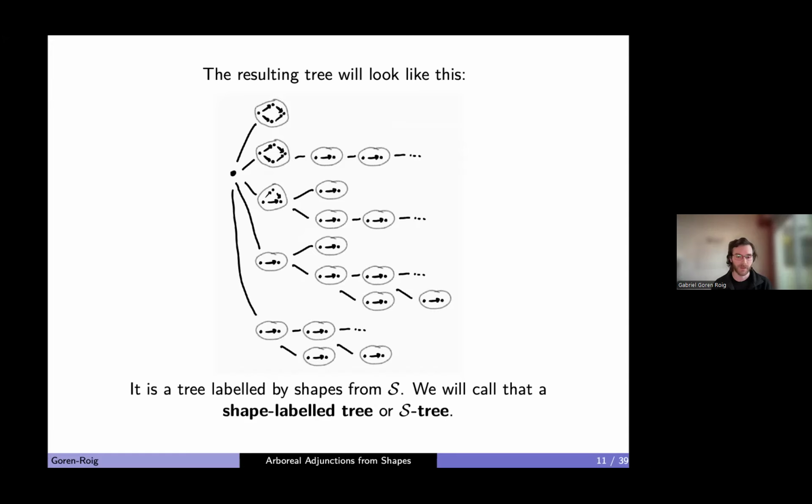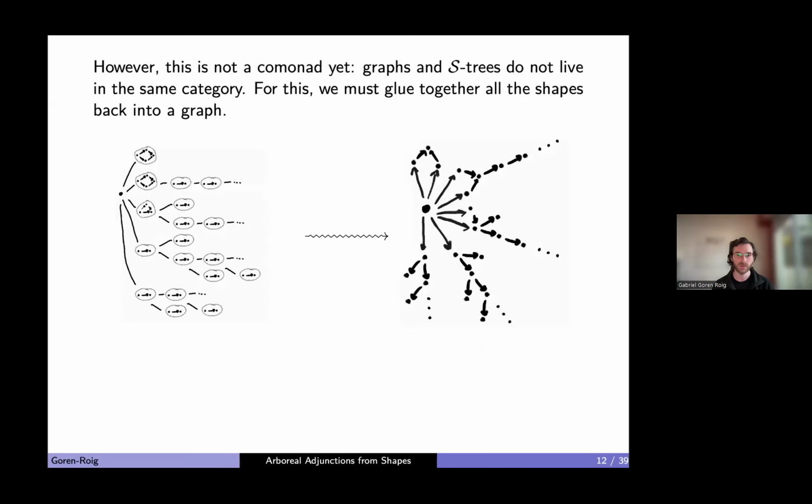Just to be sure I understand correctly, when you make a graph from the tree, you will have a single graph, not multiple graphs, one for each path. Yes, precisely. So once you take this whole tree with a bunch of graphs and you glue them together, you get a single graph out of it.